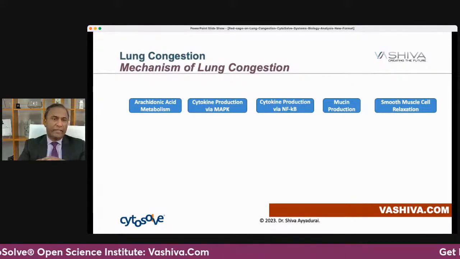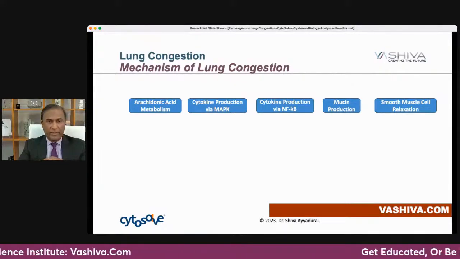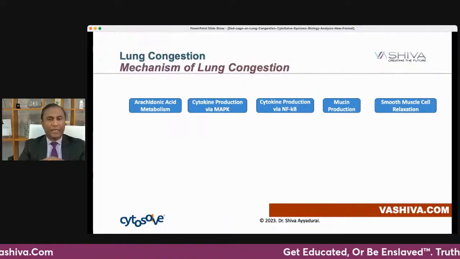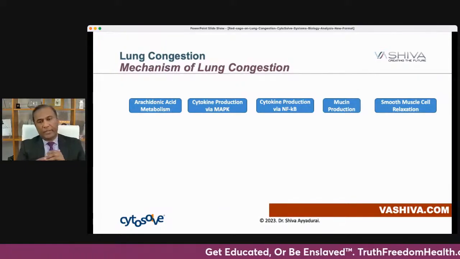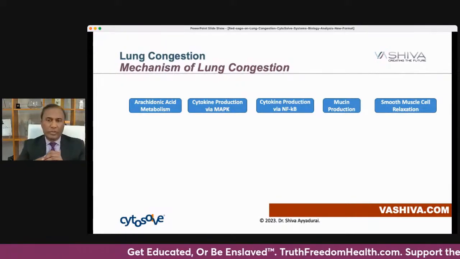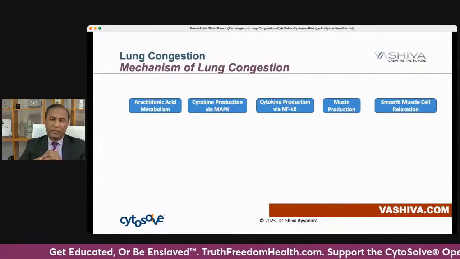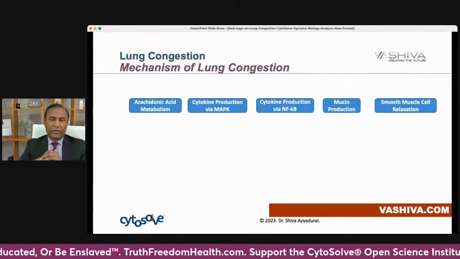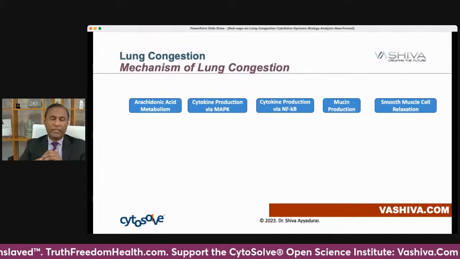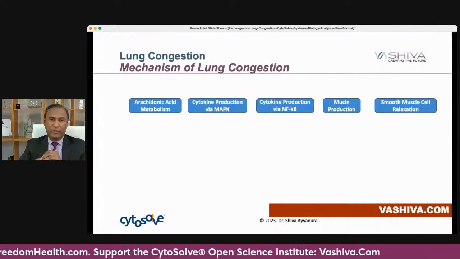There's arachidonic acid metabolism; that's one. Cytokine production via MAPK, cytokine production via NF-kappa B, mucin production, and smooth muscle cell relaxation. These are the 5 pathways that you need to affect lung congestion.